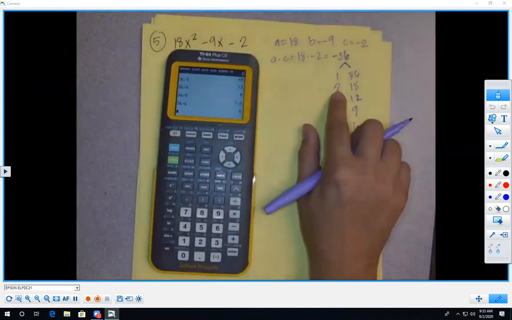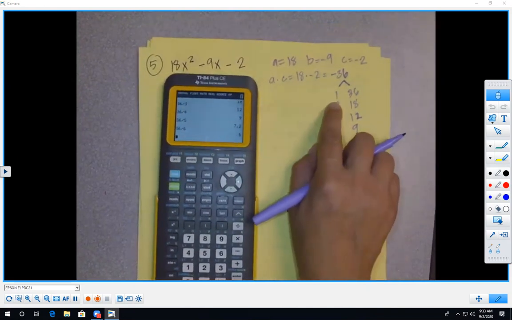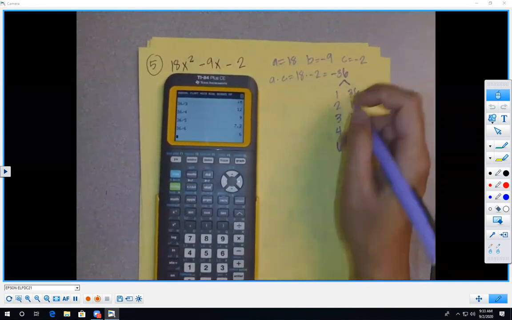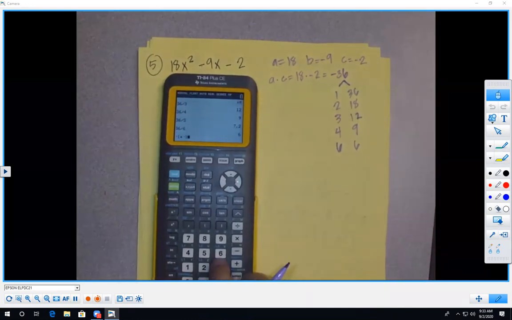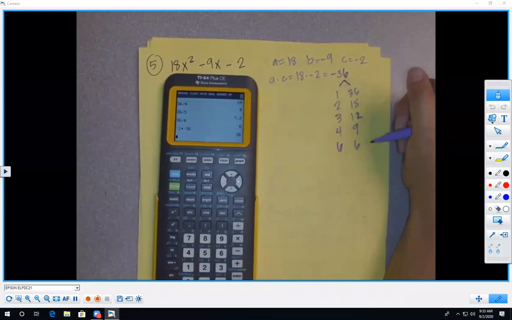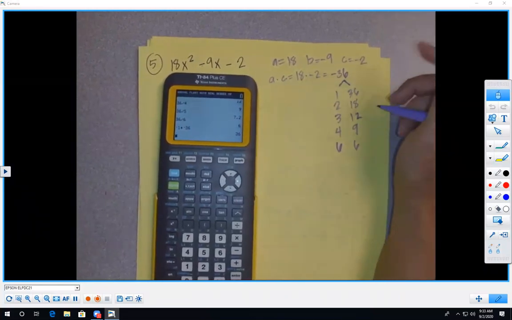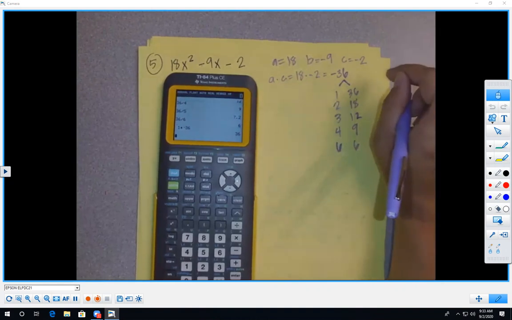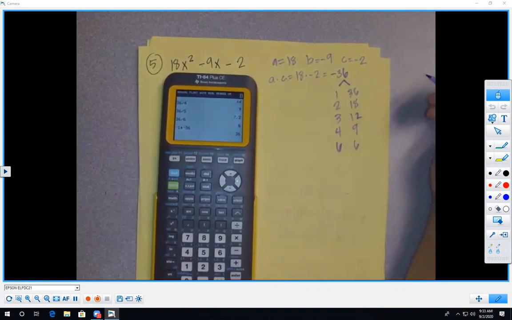So if I was starting off with this 1 and 36, if I just made them both negative, like negative 1 and negative 36, times negative 36, you get a positive, which isn't what we have. So in this case, all the sets have to have one negative number. I don't know which one's going to be negative at this point, but all of them have to have at least one negative number.